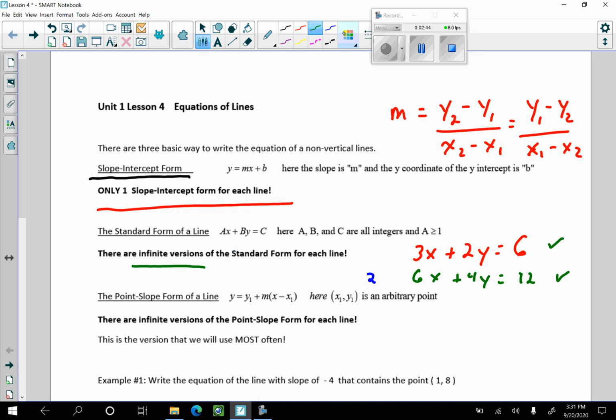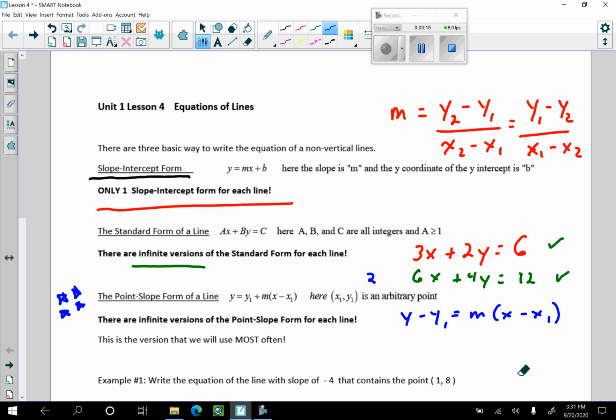The most important form of a line is going to be the point slope form. This is what we're going to use most in calculus. And keep in mind, we are in pre-calculus, getting ready to study calculus. This is going to be different than what most books give. Most books give the point slope form as y minus y1 is equal to m times x minus x1.